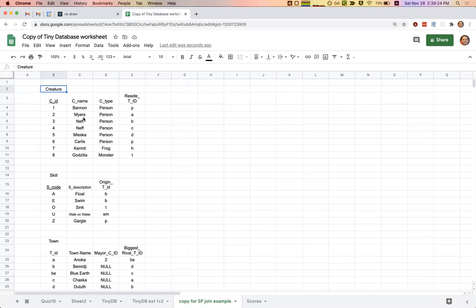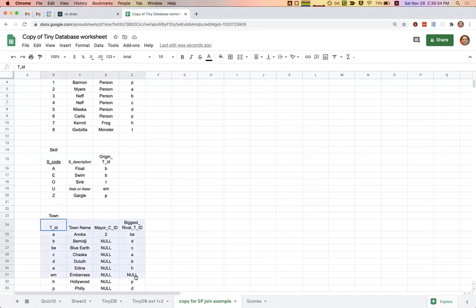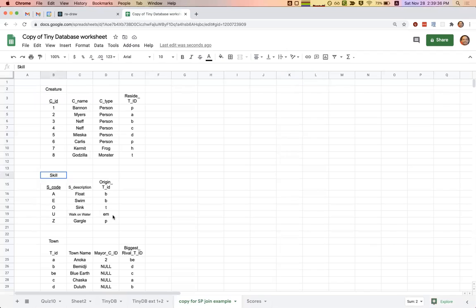And let's suppose that we take one of the extensions of the Tiny database that includes town data. We have creatures that each have a reside town. Town IDs reference the town relation here. And skills have origin towns. And then we can do a join here. We could say, let's find out the skills that originate in the towns that each creature lives in.